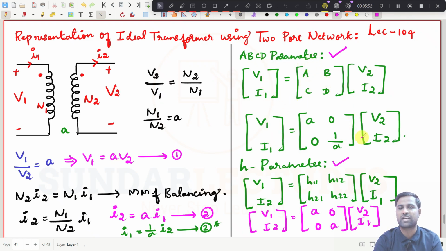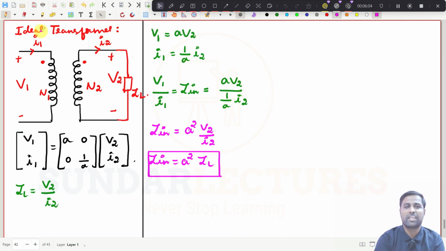H parameters can also be written for this ideal transformer. So an ideal transformer can be represented in ABCD parameters as well as H parameters, and we saw how you can represent the primary or input side impedance with respect to the load impedance.